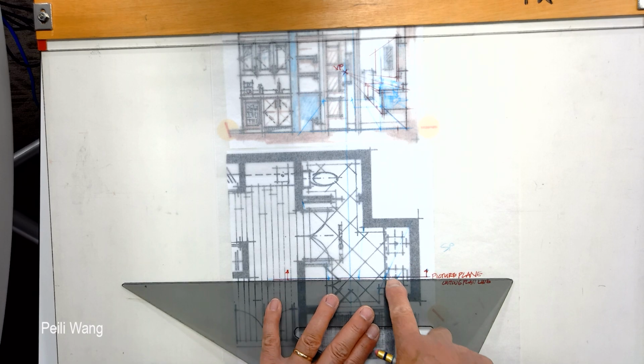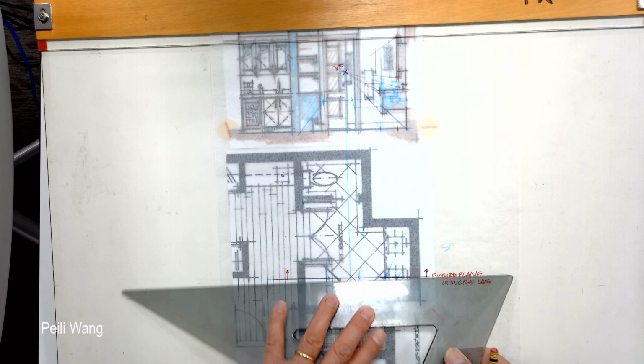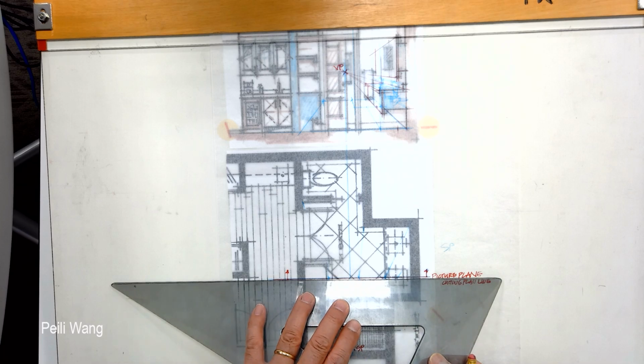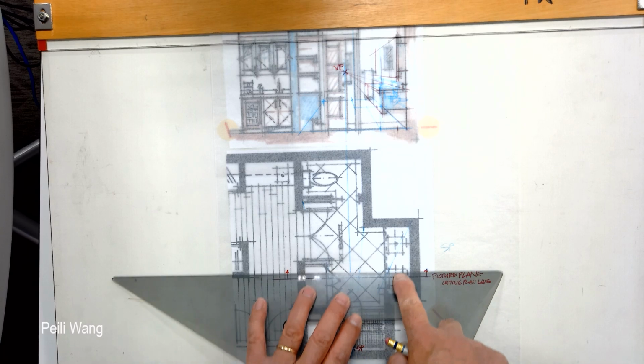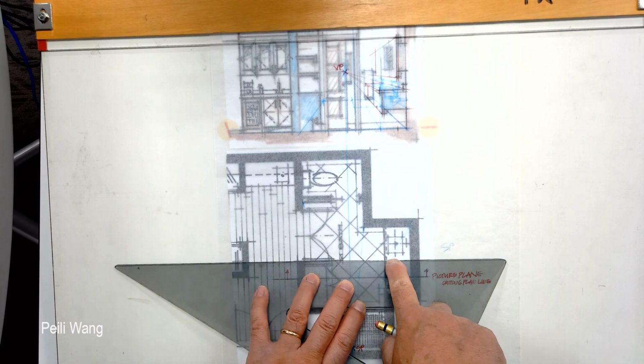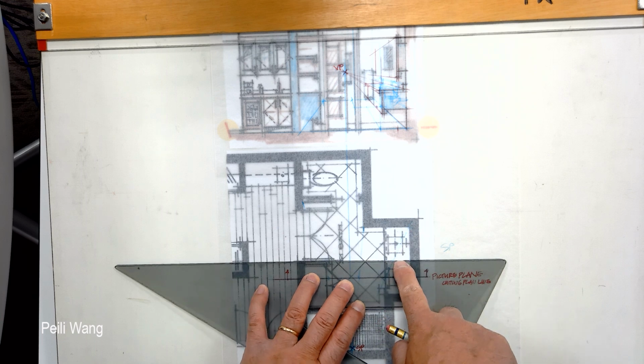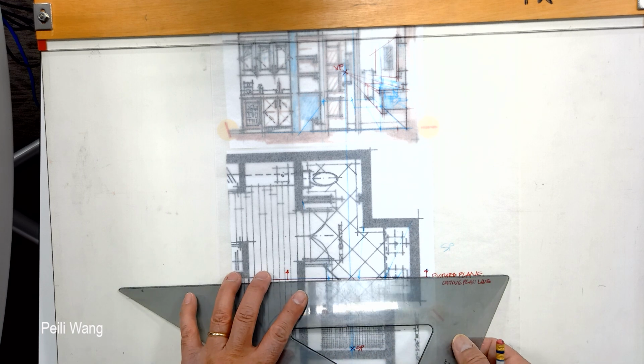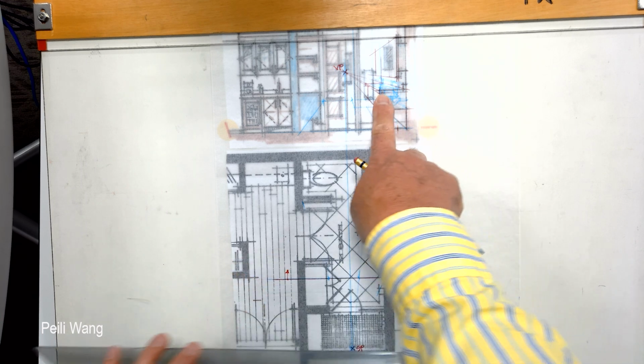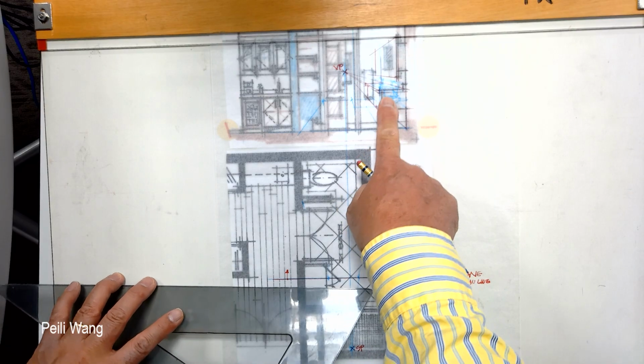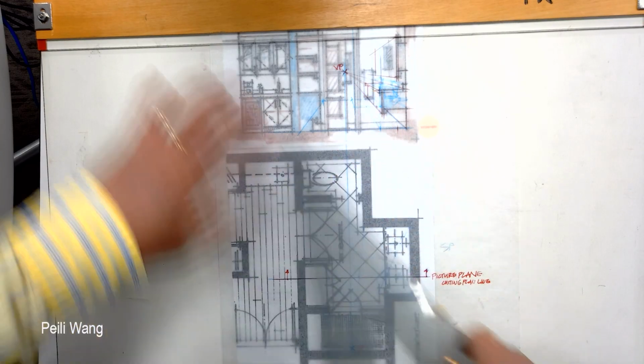This time I decide to cut here. So everybody, in your floor plan, you decide where you want to cut. You can cut here, or here, or here.